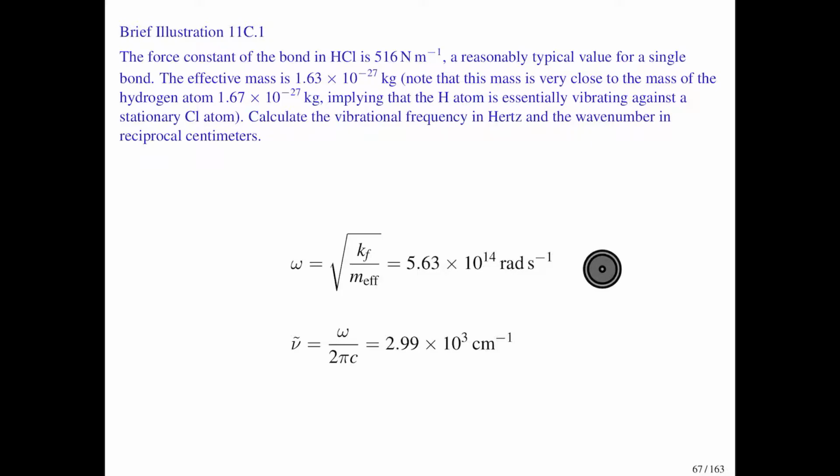And then to convert from frequency to wave number, you need to divide by 2 pi times the speed of light. One of the tricks is to use the speed of light in centimeters per second, and that'll get you the wave number in reciprocal centimeters. So in this case, you get roughly 3,000 reciprocal centimeters.